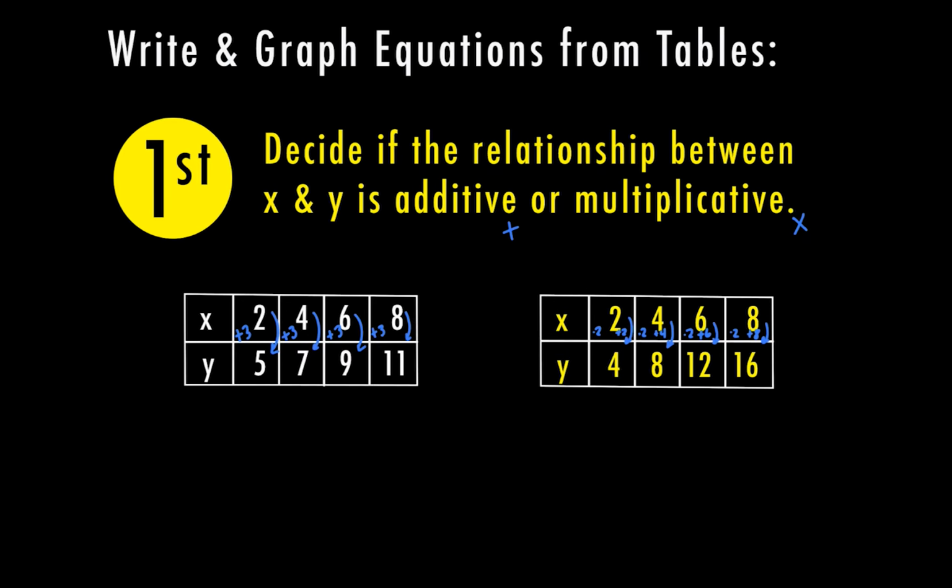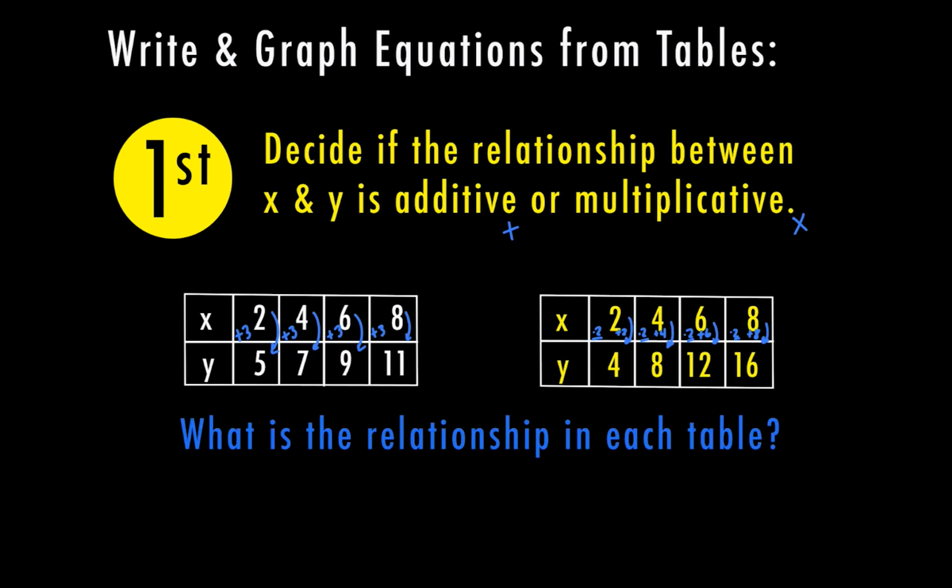So you can see here that the consistent increase is by multiplying times 2. That's what I do each time. So this one is times 2. So what is the relationship in each table? Well, the first table I'm adding 3, and the second table I'm going to multiply times 2.